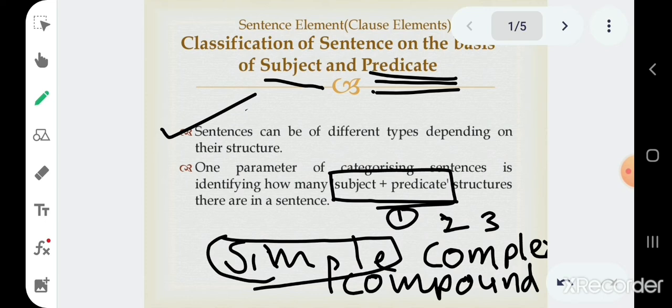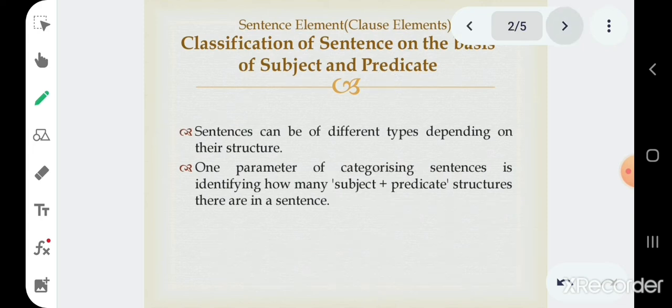But if the sentence has two or more subject and predicate structures, the sentences are called complex or compound sentences. So, is it clear to all of you? It should be, because you can't raise any question in this offline method.